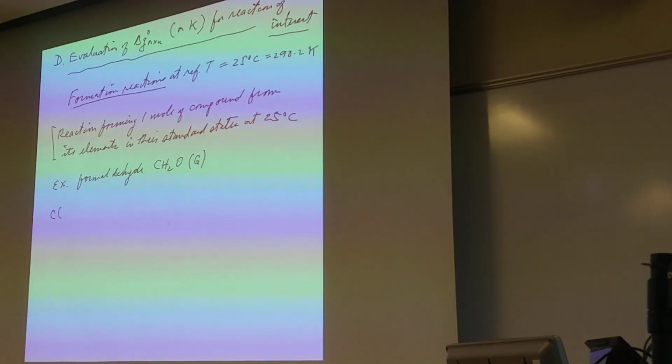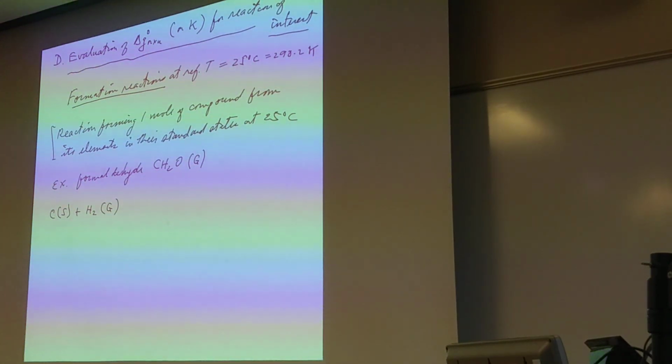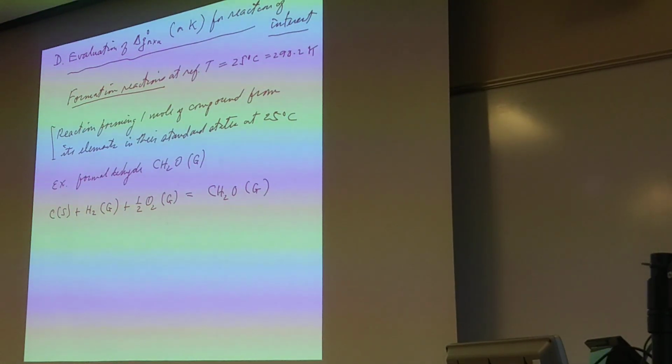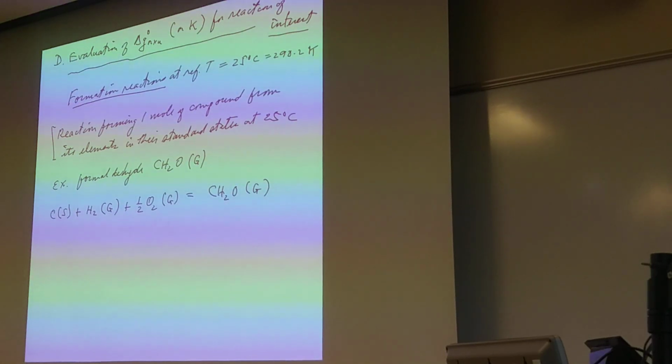So carbon, and it's common to remind ourselves of what the phase state would be for that material in its standard state, plus hydrogen, which is in its gas state, plus 1/2, of course, oxygen exists as a diatomic molecule, so we have to write it that way. The gas state equals 1 CH2O, and that's in the gas state. So there's the formation reaction with everything designated as we normally do it.